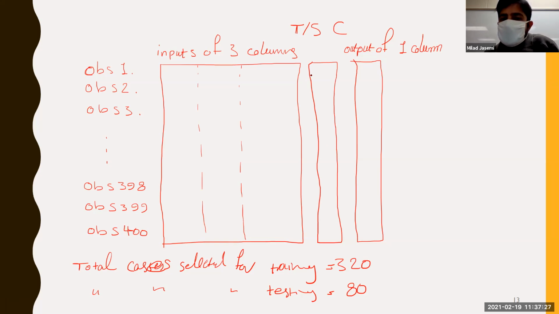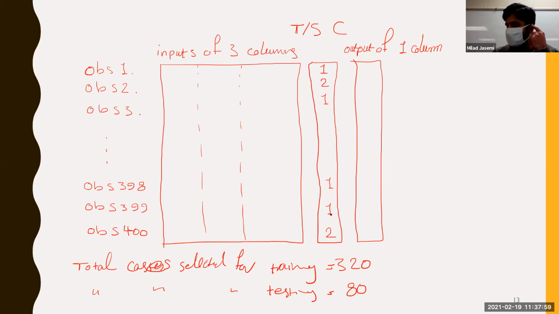And here we start generating random numbers for observation 1. We generate random numbers between 1 and 2. If it is 1, it is training. If it is 2, it is testing. So now we have another vector.